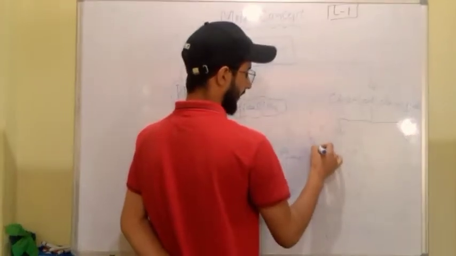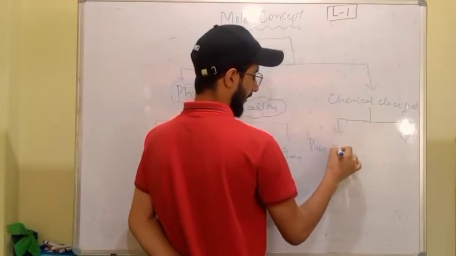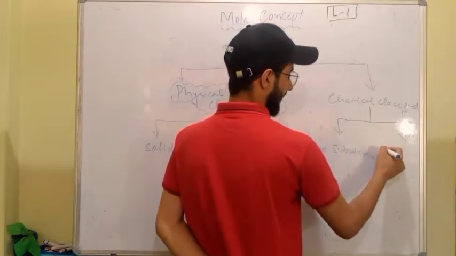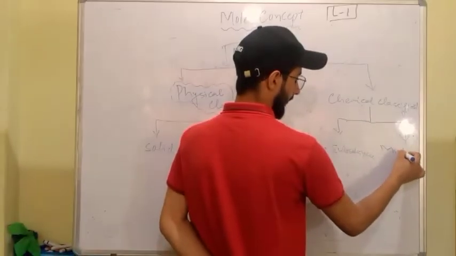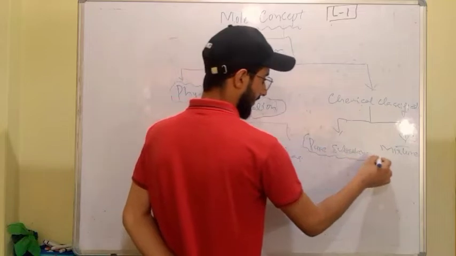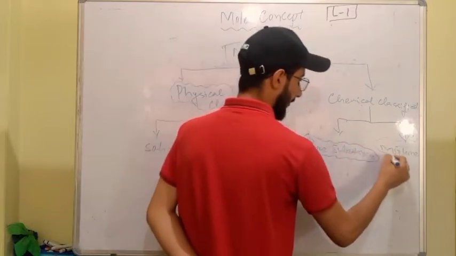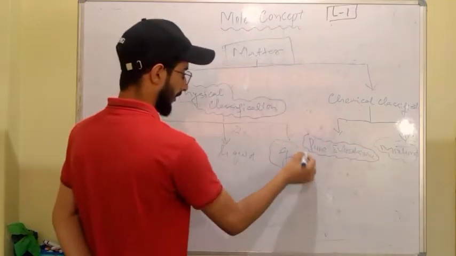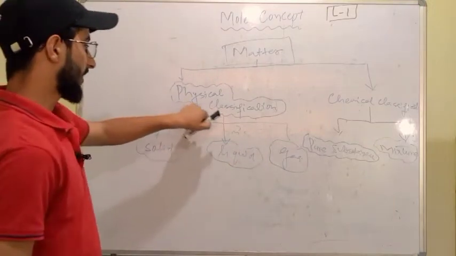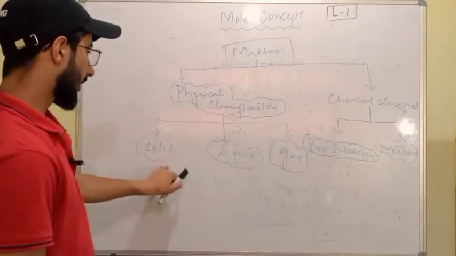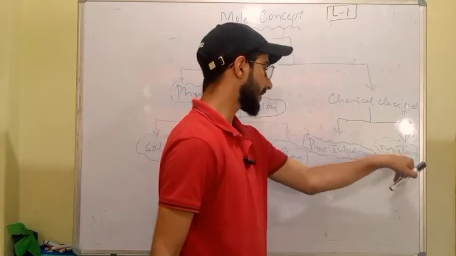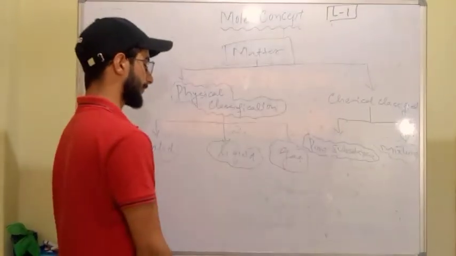One is the pure substance, and second is the mixture. Physical classification: solid, liquid and gas, and in chemical classification we have two classes, pure substance and mixture.